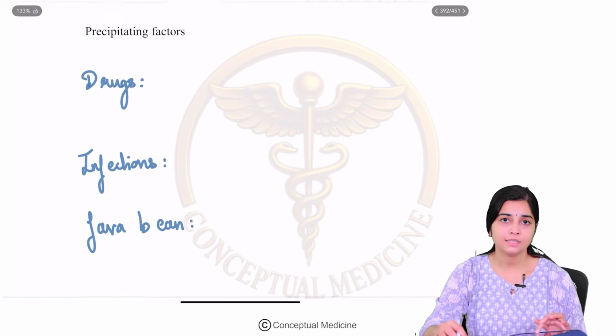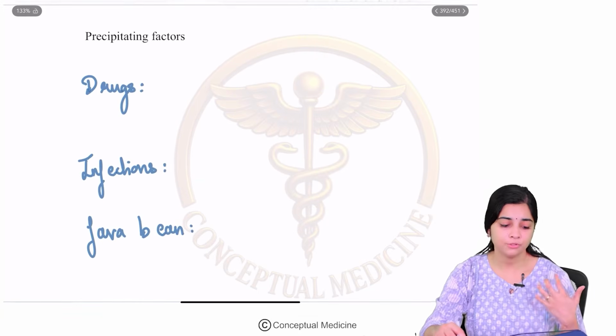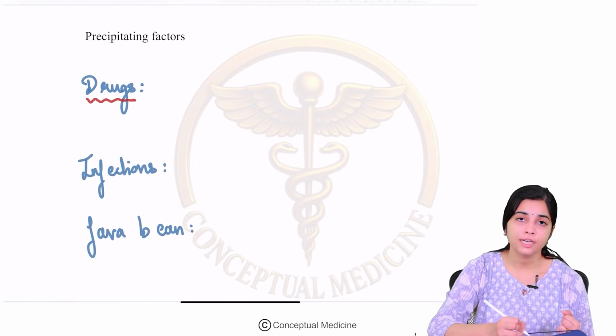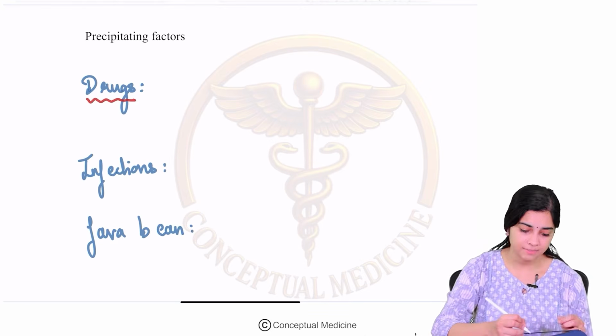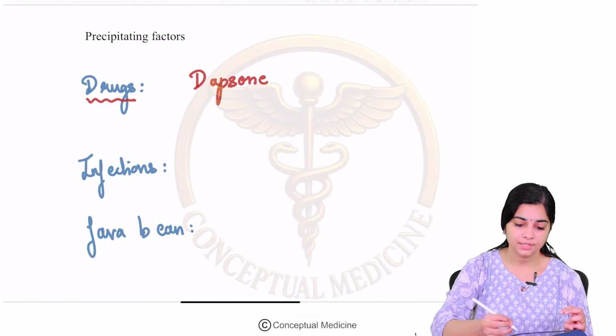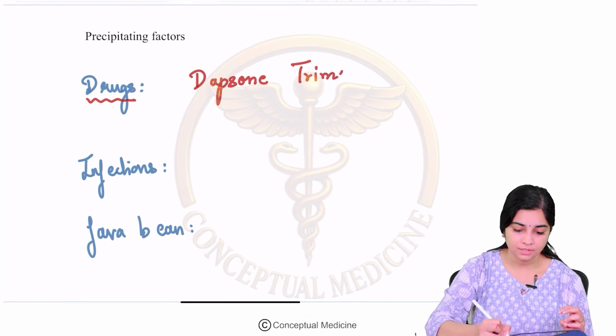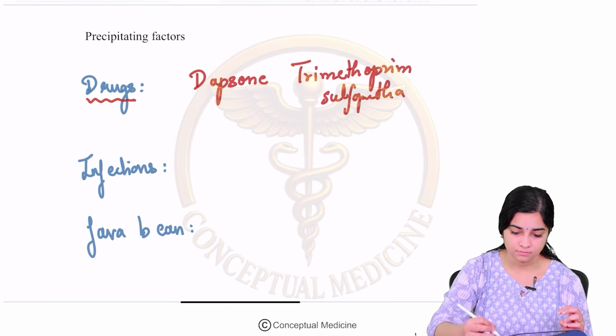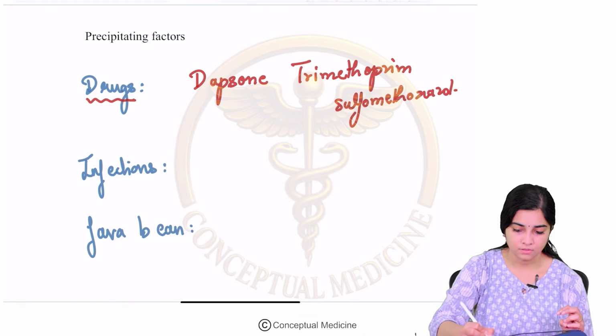So let us understand that most of the time G6PD patients are usually asymptomatic and there are certain precipitating factors. So we have to remember the drugs which cause G6PD deficiency precipitation. So what are those drugs? We have to remember dapsone. Then you will have to remember trimethoprim sulfamethoxazole.